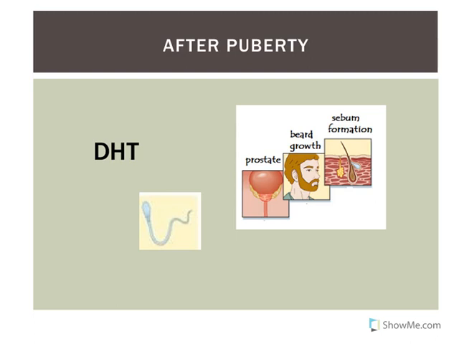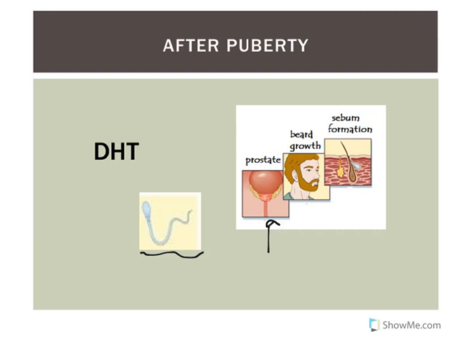So after puberty, DHT is needed. It's also important in spermatogenesis as well as testosterone. So you see the little sperm right here. The big thing DHT is very important for is the prostate gland. It's a primary androgen in the prostate gland for prostate growth.